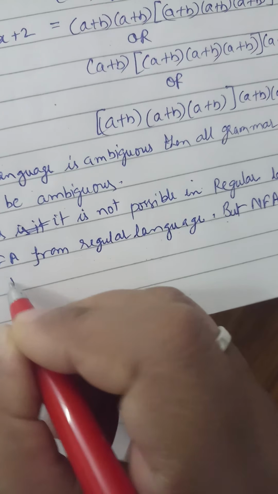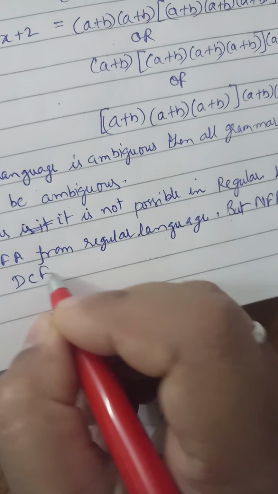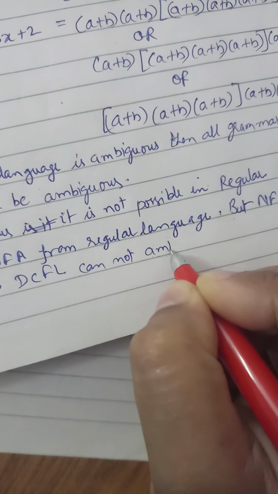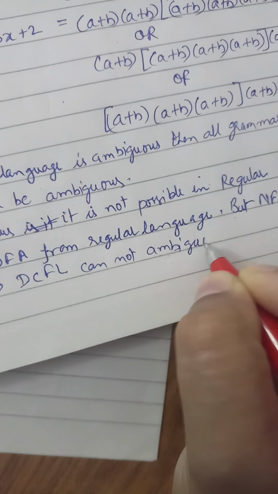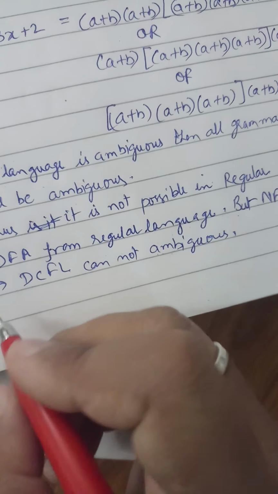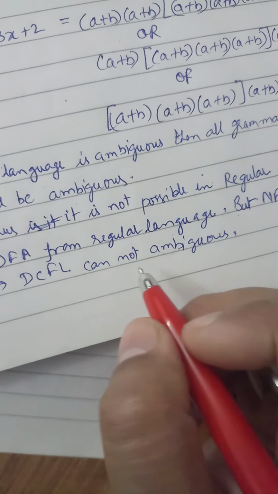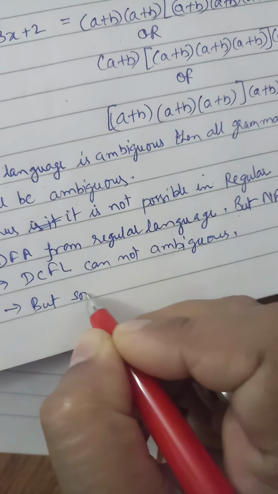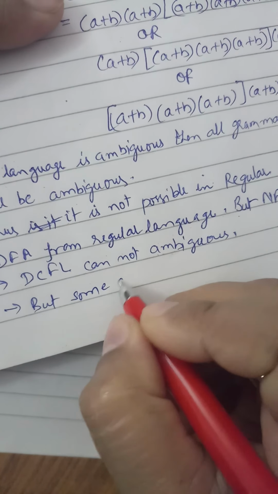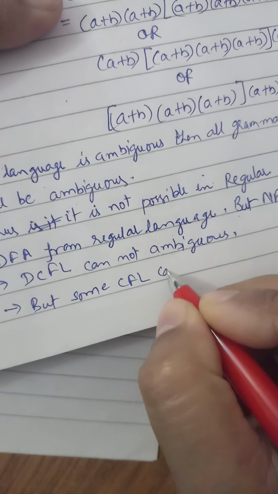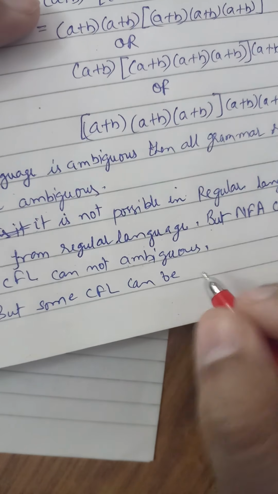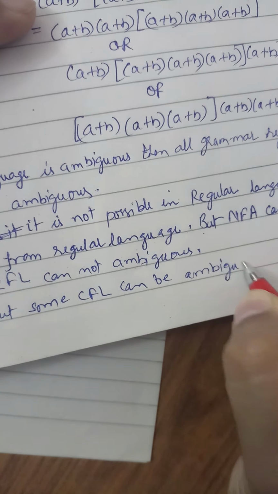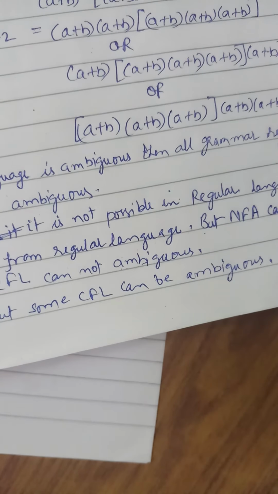So we can simply say a DCFL cannot be ambiguous, but some CFLs can be ambiguous.